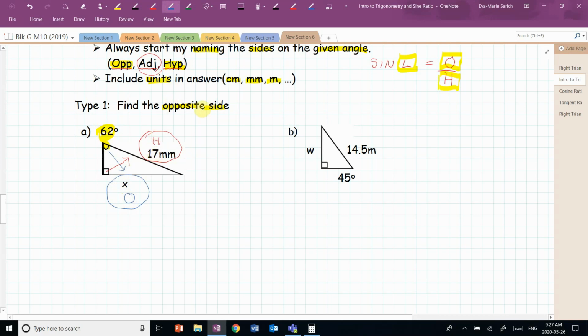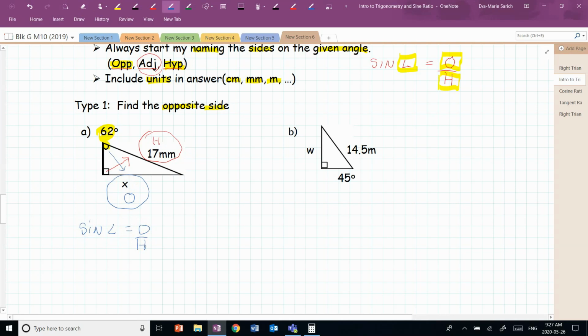Notice we're looking for the opposite side. That's the unknown measurement. So we're going to use the ratio: the sine of an angle is equal to the opposite over the hypotenuse.